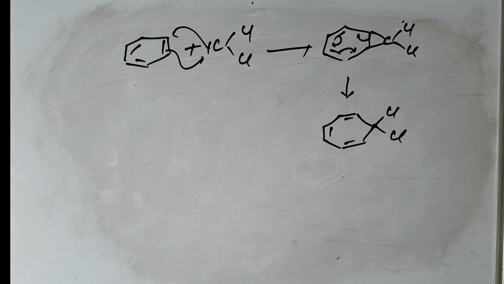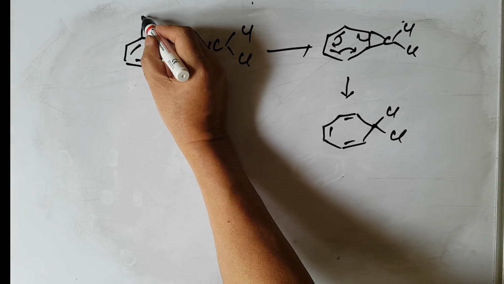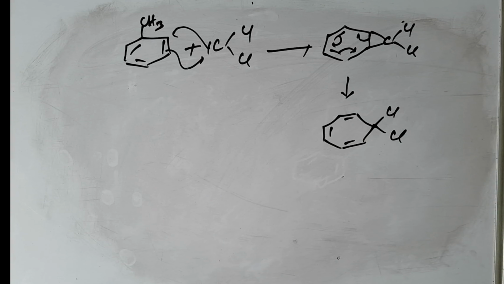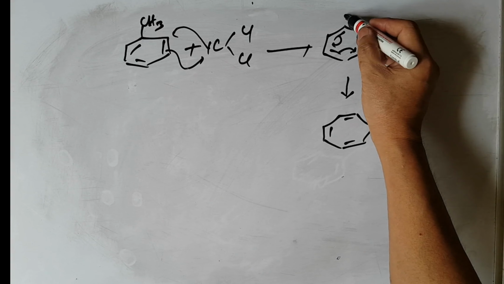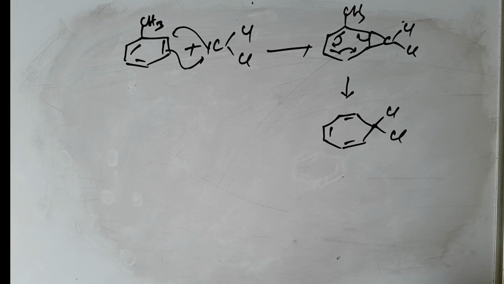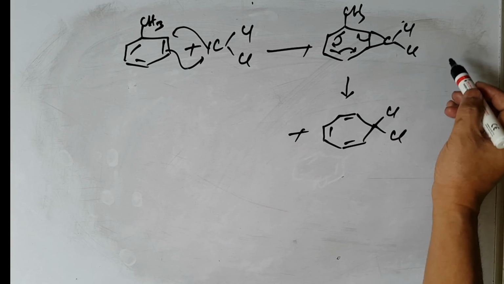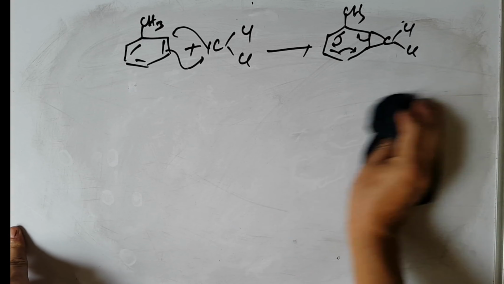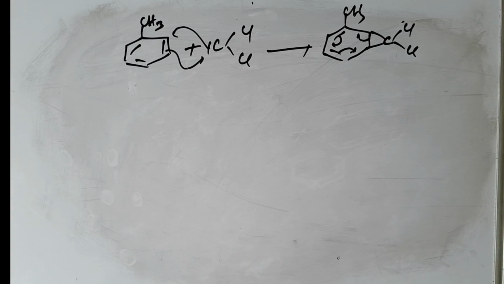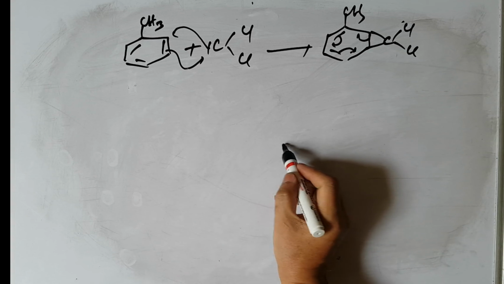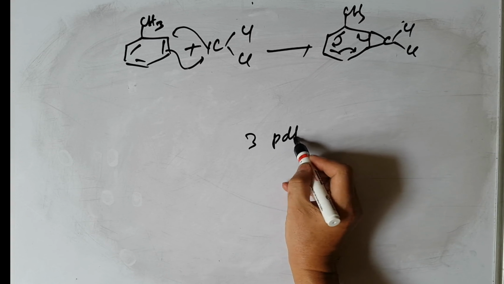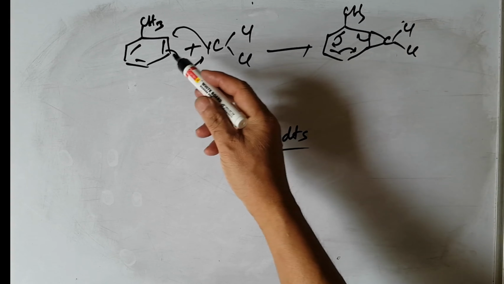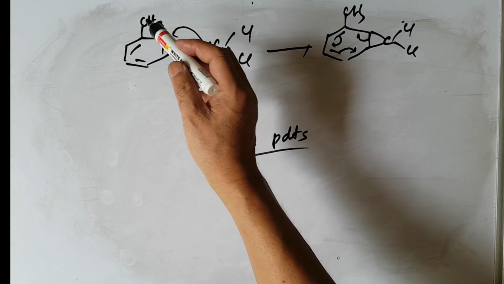So one example, if you react this with toluene, toluene reacts with carbene, then we can have three products. So the reaction of carbene with toluene gives three products, depending on the position of this methyl group.